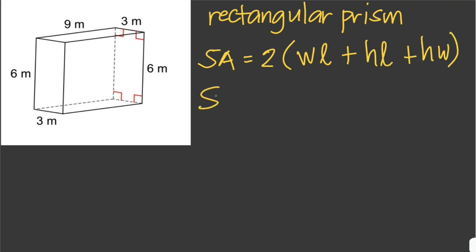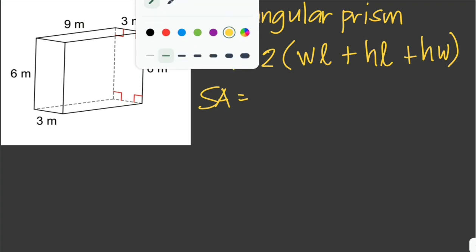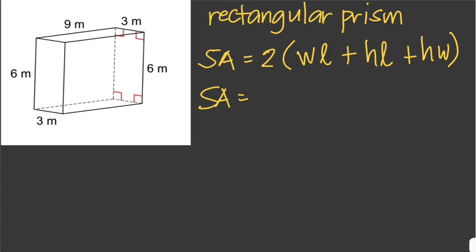Then we plug in all the values here. But first, let's identify which ones are the width, length, and height. So the width here is 3 meters, and the length is 9 meters. And then the height is 6 meters.